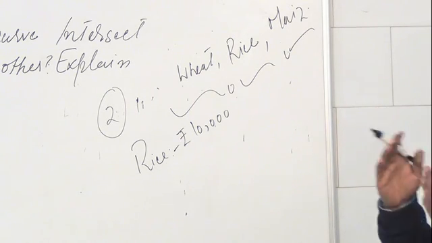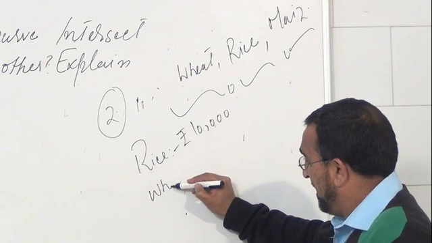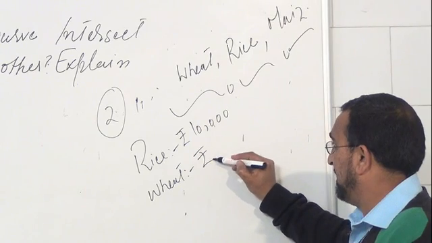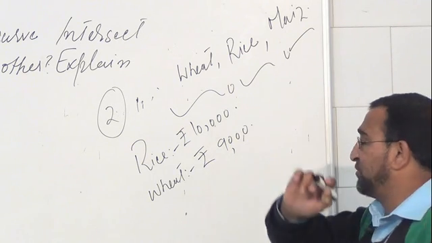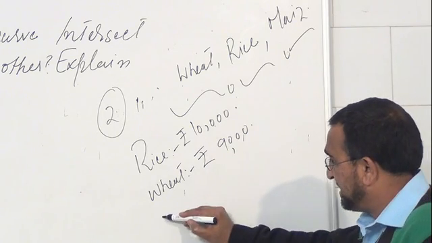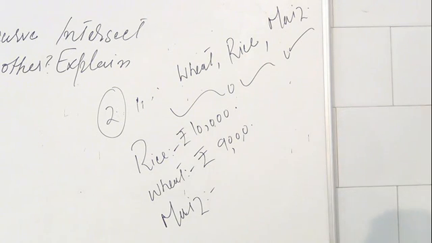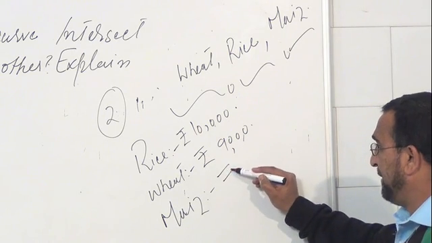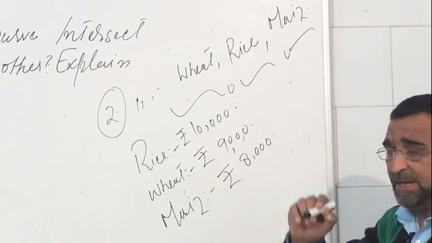And if the farmer produces wheat on the same piece of land, then the total production he is going to generate will be equal to rupees 9,000. And if he has decided to produce maize on this piece of land, then the total production will be equal to rupees 8,000. This we call opportunity.